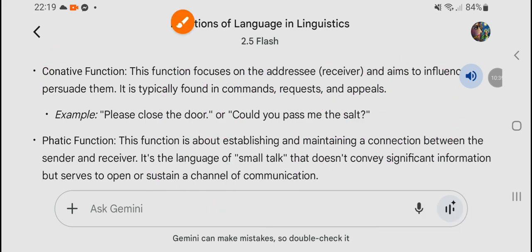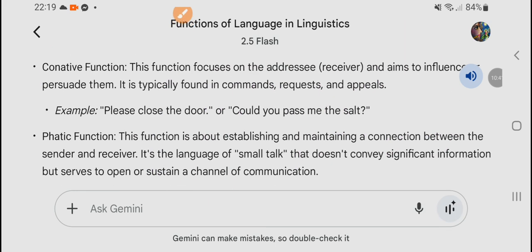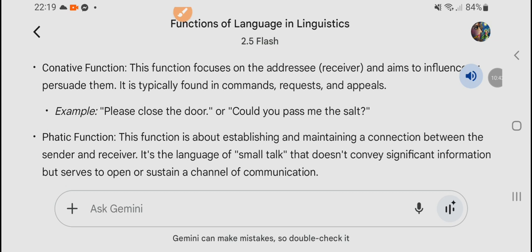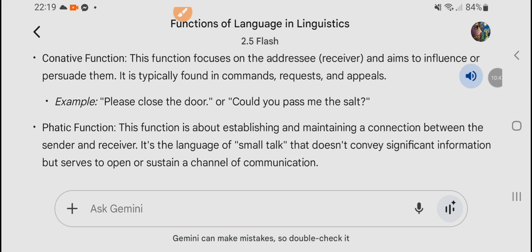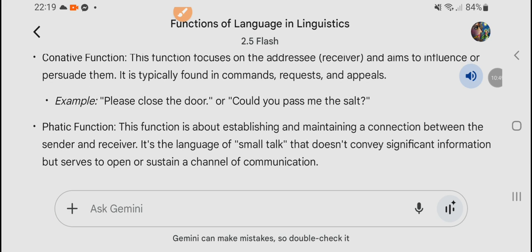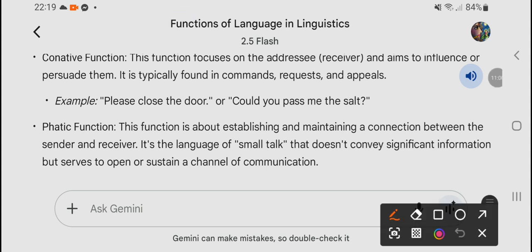So just listen carefully. This function focuses on the addressee, the receiver, and aims to influence or persuade them. It is typically found in commands, requests, or appeals. When you command: please bring me a glass of water. When you command: give me a glass of water.